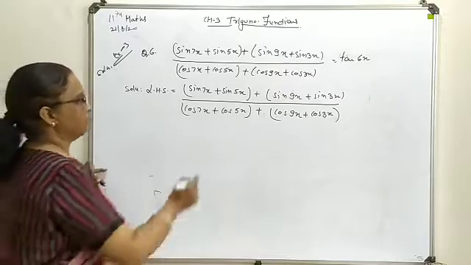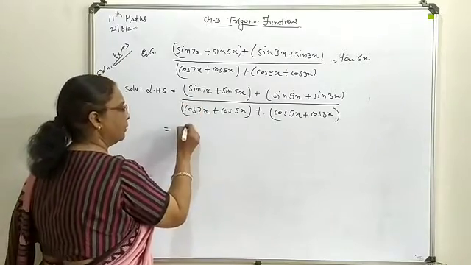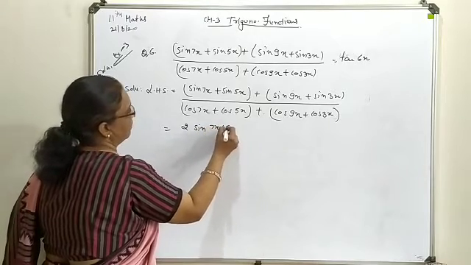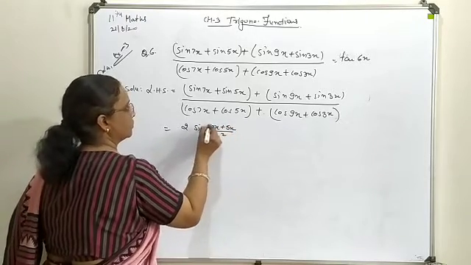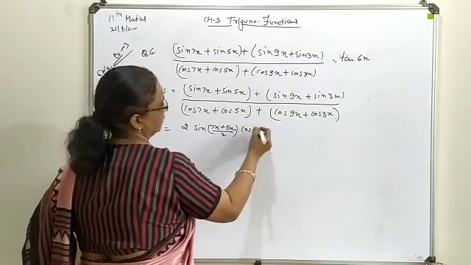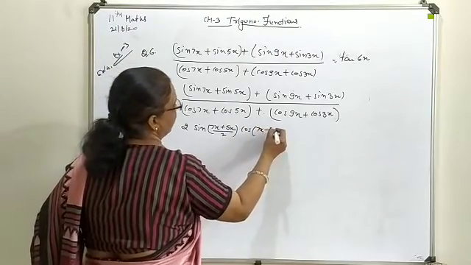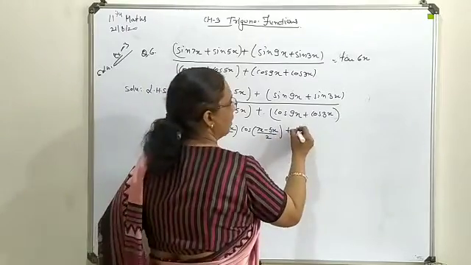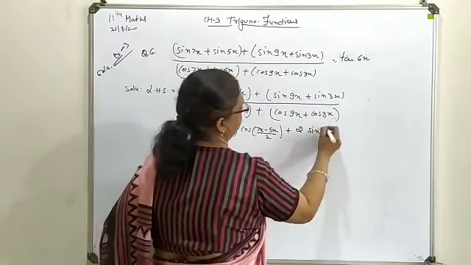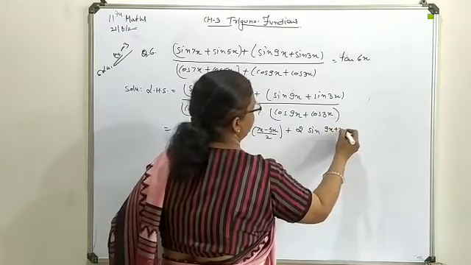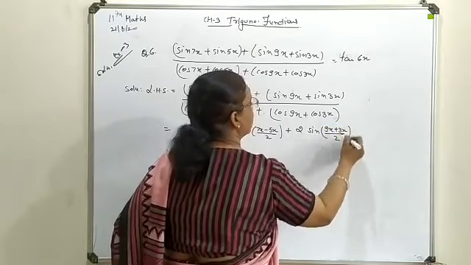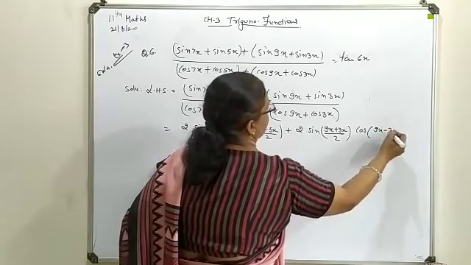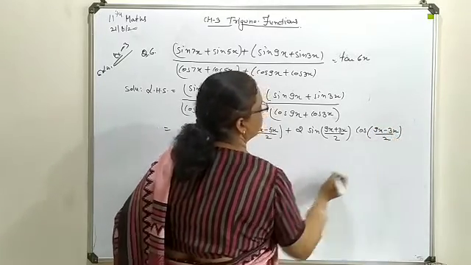So let's implement it. This will give you 2 sin of (7x plus 5x) upon 2, cos of (7x minus 5x) upon 2, plus 2 sin of (9x plus 3x) upon 2, cos of (9x minus 3x) upon 2.